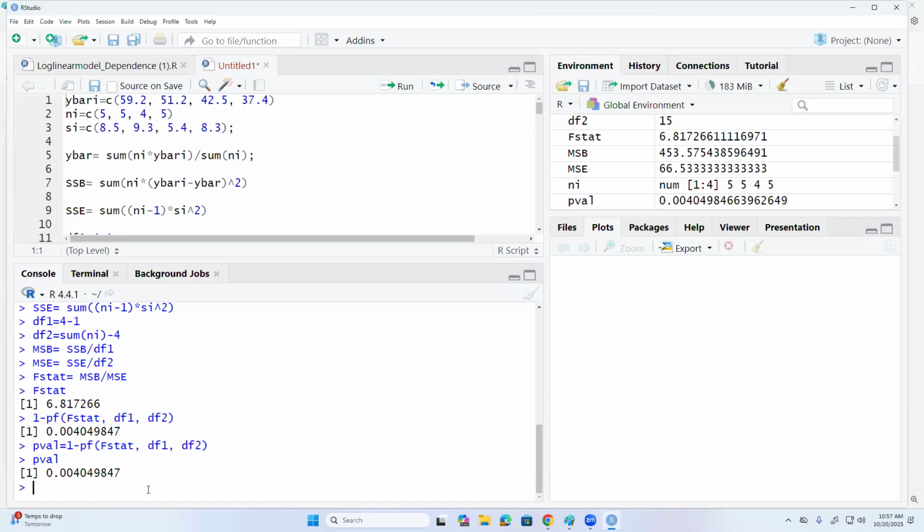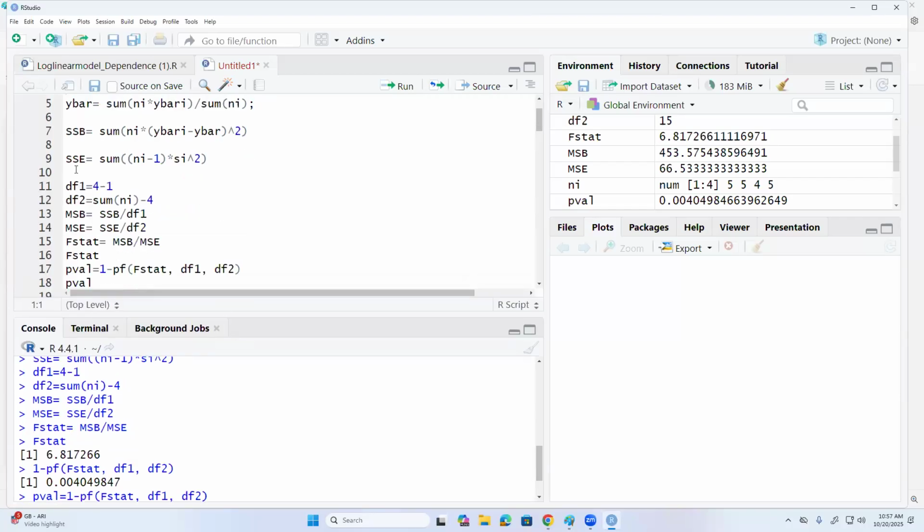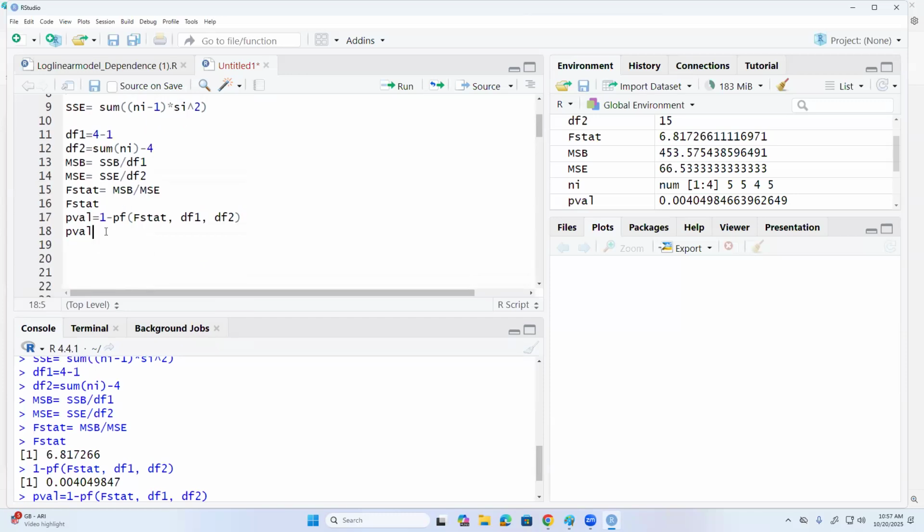Since I have the summary level data, I had to calculate all those quantities through the formula. But even then, it is very simple, as you see. And the p-value, that's it.